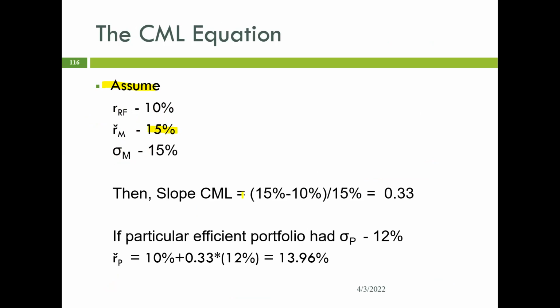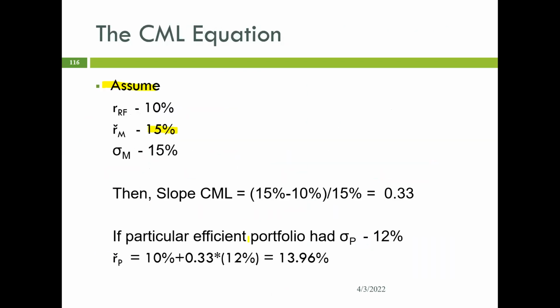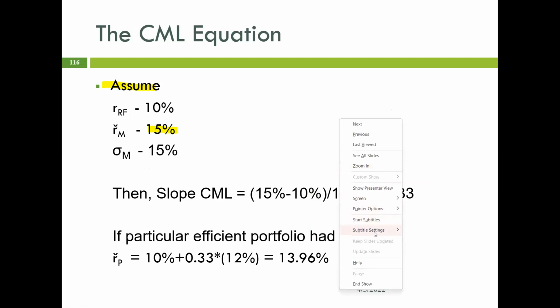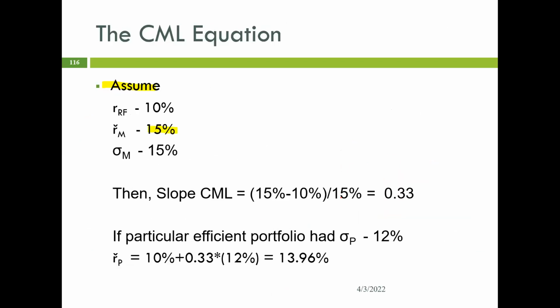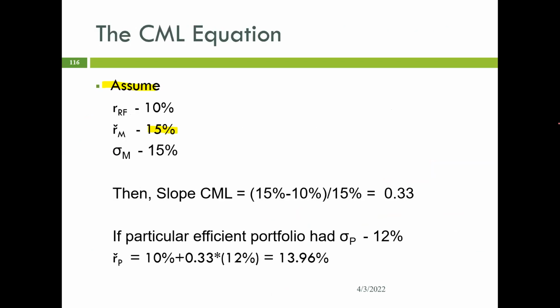The slope of the capital market line, you can calculate using this formula: expected market return minus risk-free rate, divided by market risk. So this is the market expected return 15% minus the risk-free rate, divided by market risk 15%. This is the slope, 0.33.